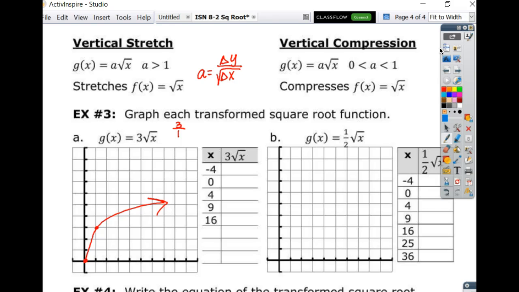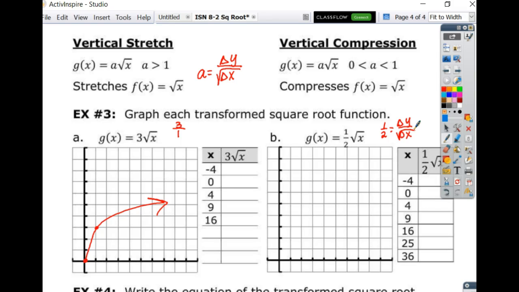So now, listen carefully for the next one. A is 1/2. But this 1/2 equals the change in y over the change in x, and it's the square root. So if it's going to be a half, the change in y is what? How many do I go up? 1, right?